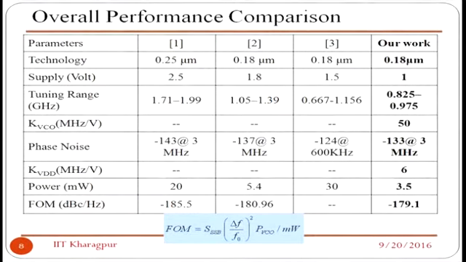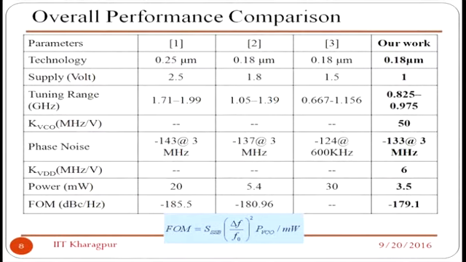Delta F is the frequency tuning range, F0 is the center frequency, and PVCO is the power consumption, and that will give you a figure of merit, which would be your estimated benchmark with respect to others' work. So it is better that you define your figure of merit and then compare with others' work, because suppose somebody has got a better phase noise performance, but look at their power consumption.